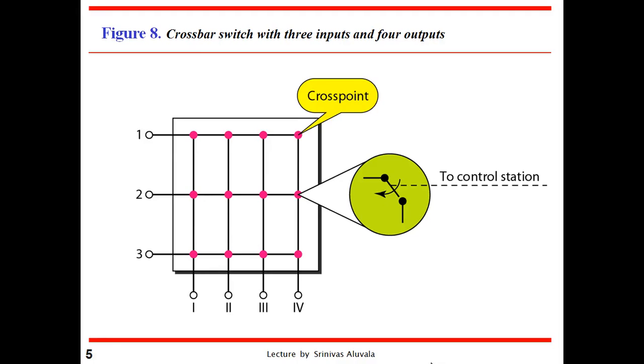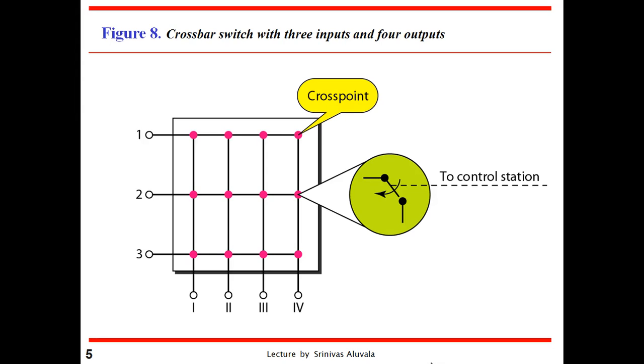To connect n inputs to m outputs using a crossbar switch requires n into m cross points. For example, to connect 1000 inputs to 1000 outputs, a switch requires 1 lakh cross points. A crossbar with this number of cross points is impractical.